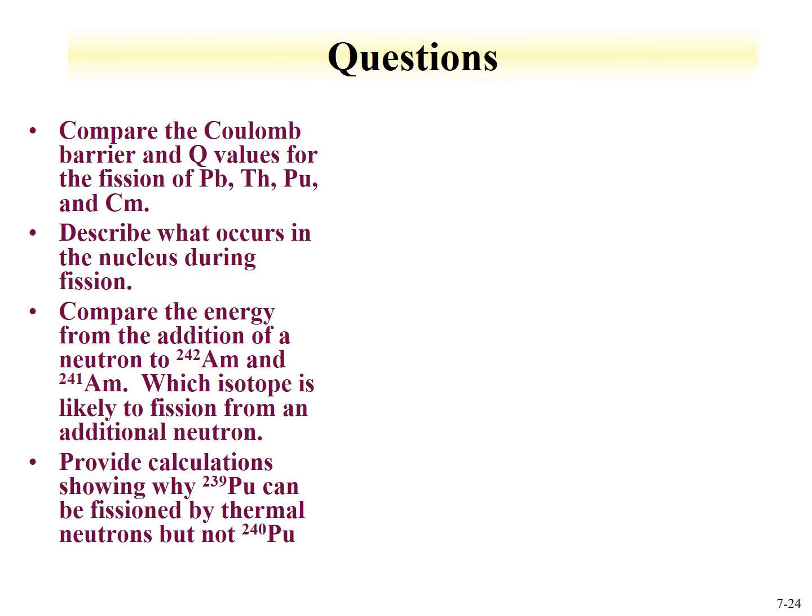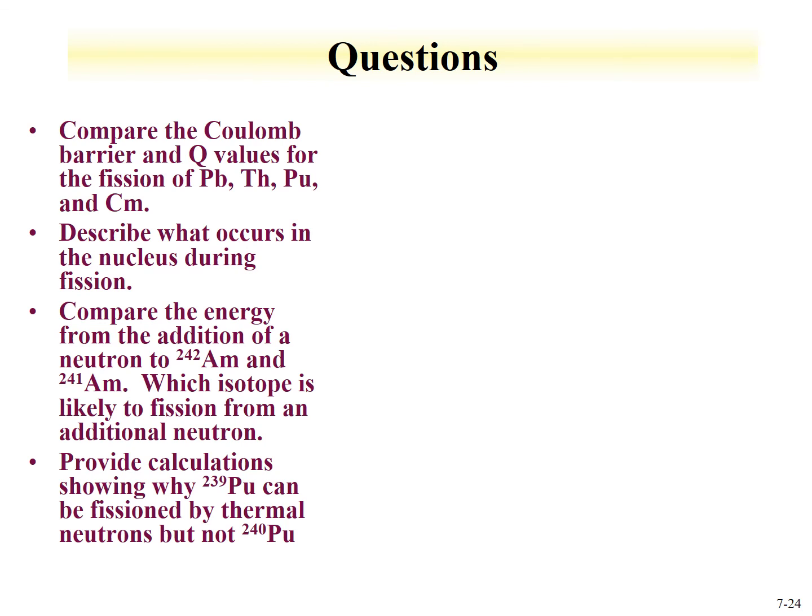We would expect that this would have a more likely fission due to the addition of a neutron, and we could verify this by looking at the fission cross section for the (n,f) reaction, and we would see that the americium-242 indeed has a much larger cross-section in comparison to the americium-241.